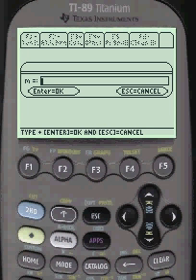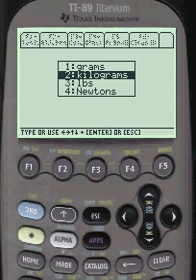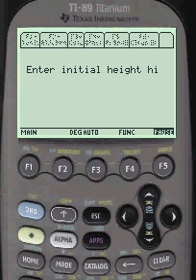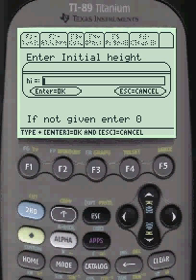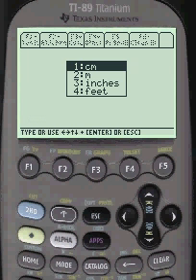The second mass is alpha 4.25 kilograms again. And the initial height is alpha 5 meters, number 2.